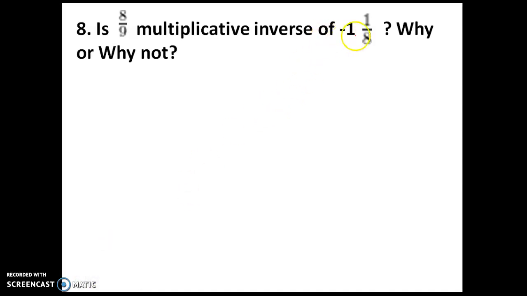To change this, you multiply here and add this number. Multiplying 8 into minus 1, you will get minus 8, plus 1 with the sign. So you change the mixed fraction into a fraction and you will get minus 9 by 8.